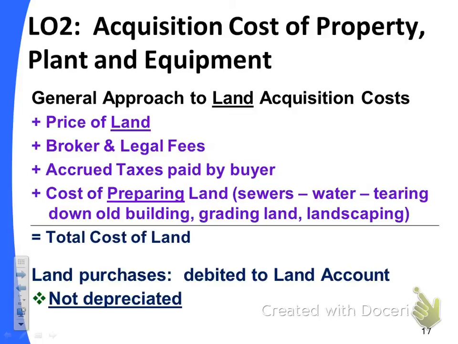If you're a company that owns timber, or you own a gravel quarry, things of that sort, that falls into the depletion category, so that's going to go down in value. But that's a little different than our building being on a piece of land. There's nothing that's going to be depleted or taken away from the land.